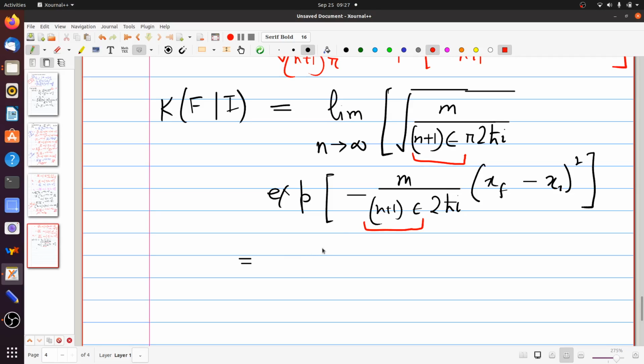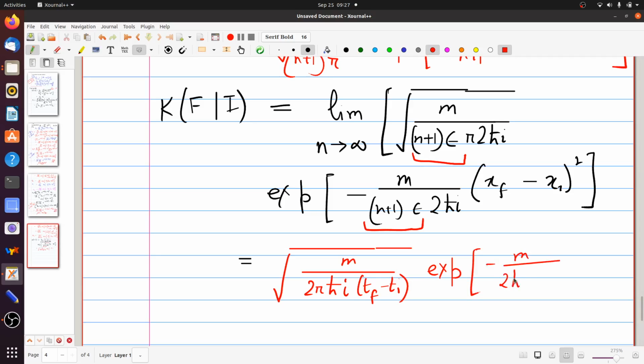So the limit simply works out to be m by 2 pi h cross I times tf minus ti, and in the exponent itself what we have is exponent of minus m by twice h cross I tf minus ti xf minus xi whole square, which, if I may remind you, is exactly what we figured out using the momentum space expansion in the very first video.